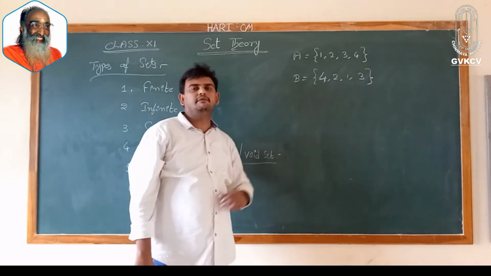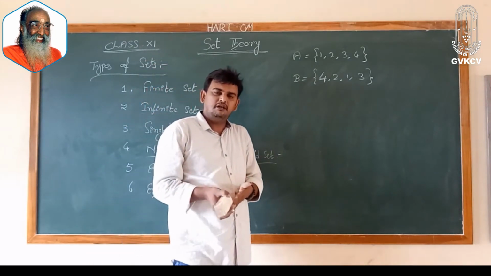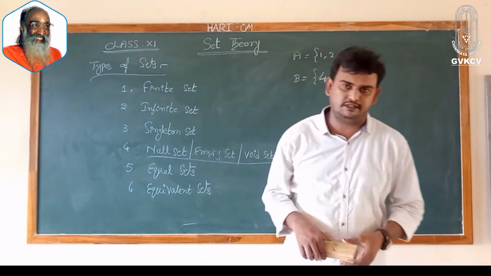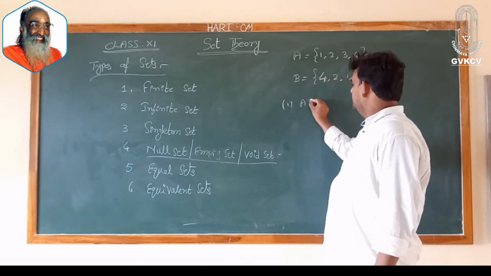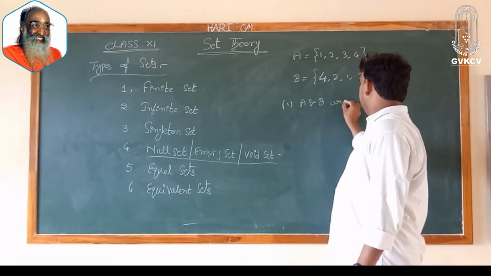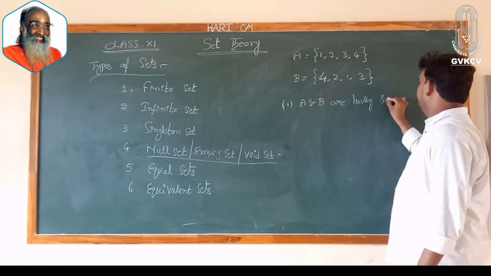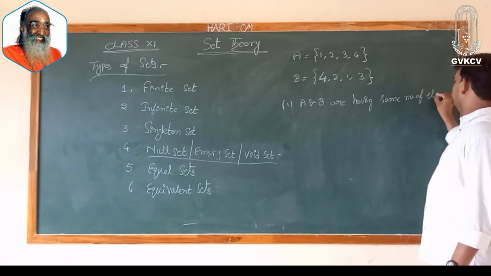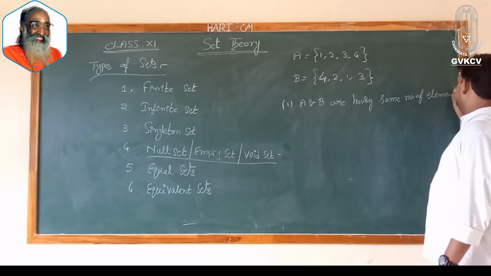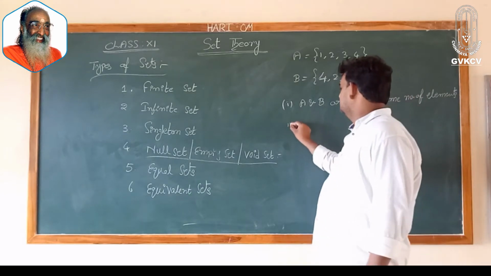Now, observe the elements, how they are. Whether you have the same elements or different elements. The first condition we are checking: A and B are having the same number of elements.